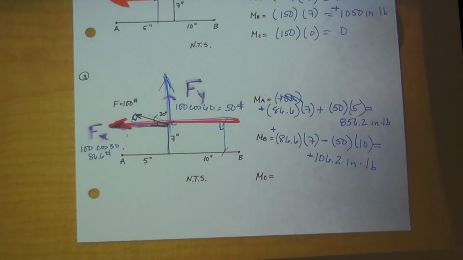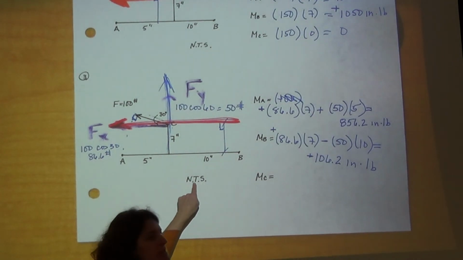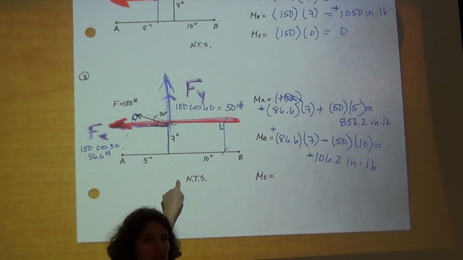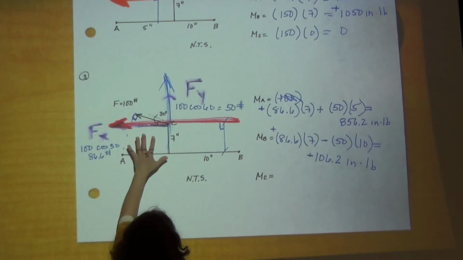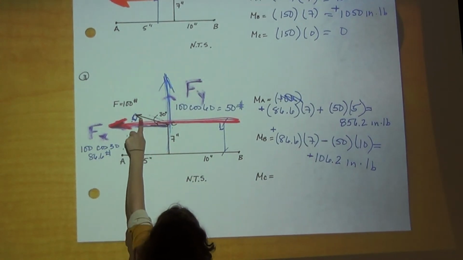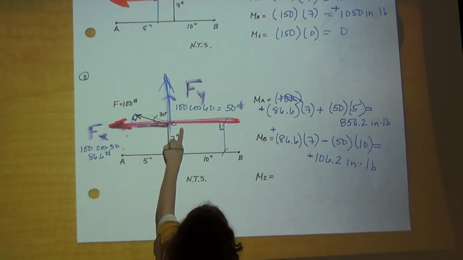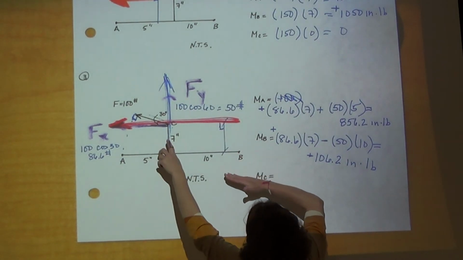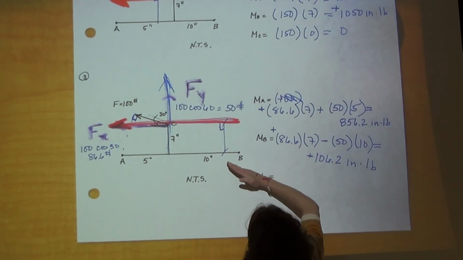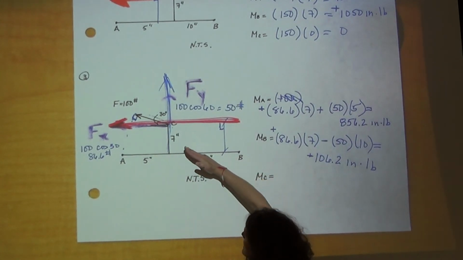What does this NTS stand for? Not to scale. It's an excuse for not drawing something to scale, right? It gives me leeway. So because it's not drawn to scale, we don't know if this 100-pound force is above B. Is it going like this? Or actually, since it's not drawn to scale, should it actually be going below B?